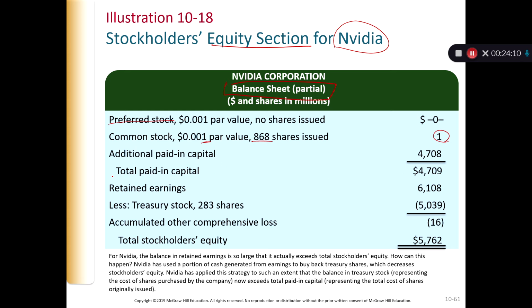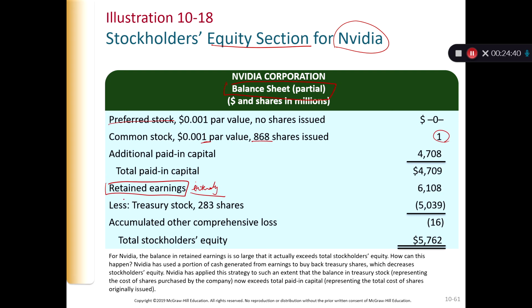So therefore, the total paid-in capital, which is part A of our lecture, is $4,709. And then we can see that the retained earnings for the current period is $6,108. So that means from day one to the current period, this company internally generated funding of $6,108.